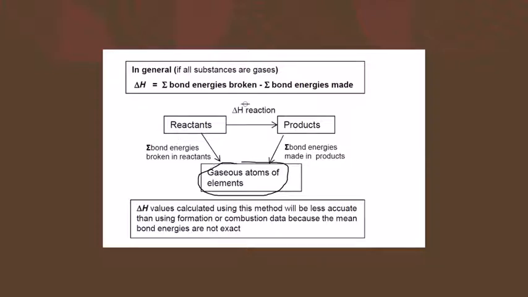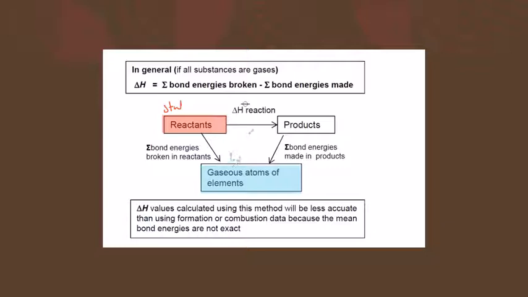The reactant might form the gaseous atoms, or the product might form those gaseous atoms. If we apply Hess's law here, according to this law the overall energy change is independent of the route. The position where the two arrows are pointing out is the start of the cycle, and the position where the two arrows are pointing in is the end of the cycle.